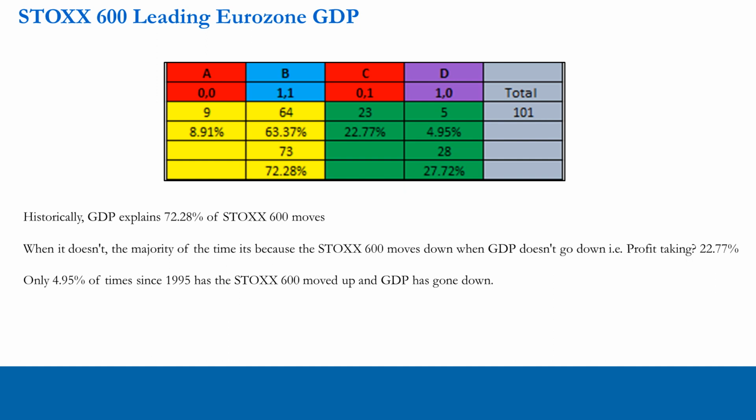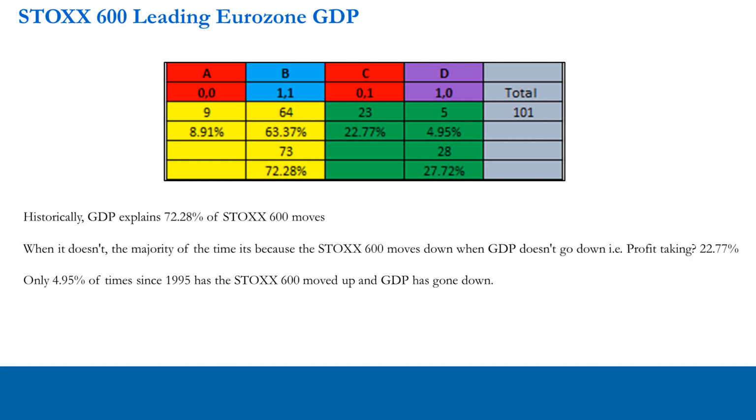And then for a quarter, it goes down when GDP growth is reported up. So this can't be explained by fundamentals. This is more of a technical situation in one of those specific quarters. So we attribute this to profit taking. Now, in the other scenario where Stoxx 600 and Eurozone GDP don't move in the same direction, this is the 1, 0 scenario, when for the quarter, the Stoxx 600 goes up and GDP is reported down.